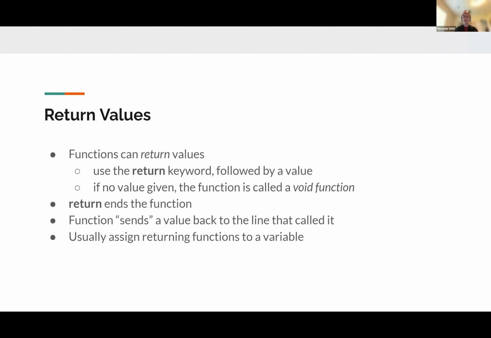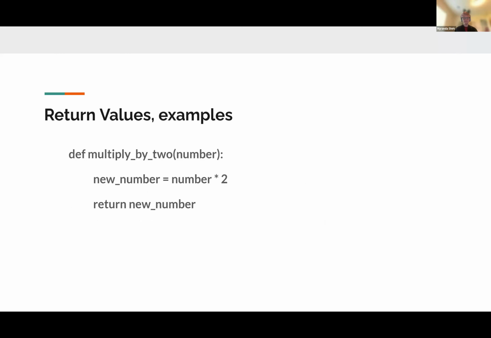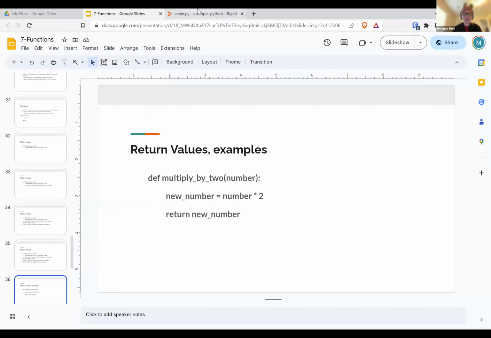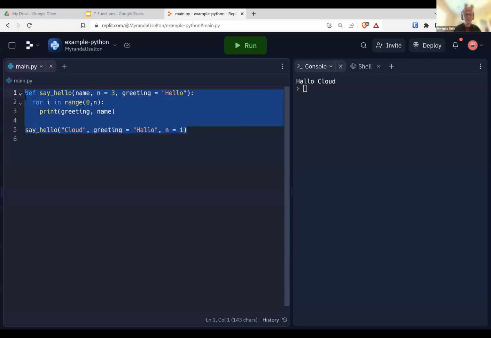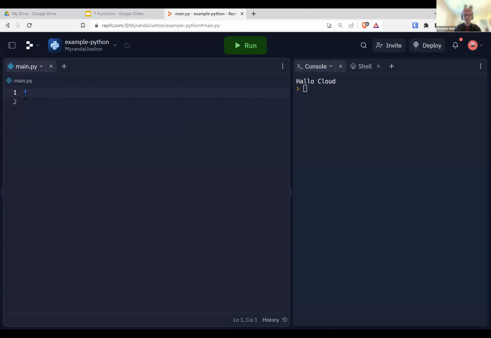So if we want to have a function that does some fancy math, and then we say answer equals function with this fancy math, it'll return that into our variable. I'll explain. So we have this example. So let's say instead of this, we're going to do def.